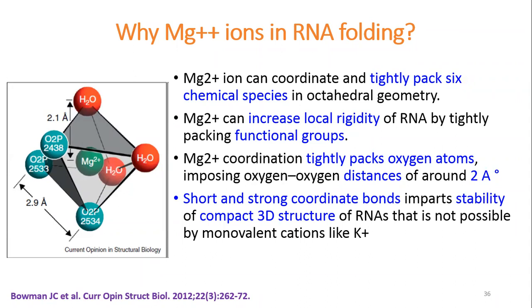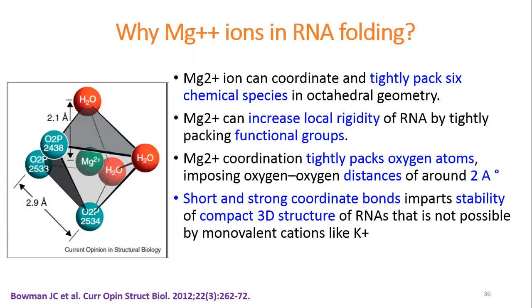Why? Because its coordination chemistry is such that it can coordinate 6 chemical species around itself. Whether these oxygen atoms are in the form of phosphate groups or surrounding water molecules, when Mg ions come into the picture, they can come in closer vicinity of each other, which results in tighter folding and helps in obtaining a more compact nature.